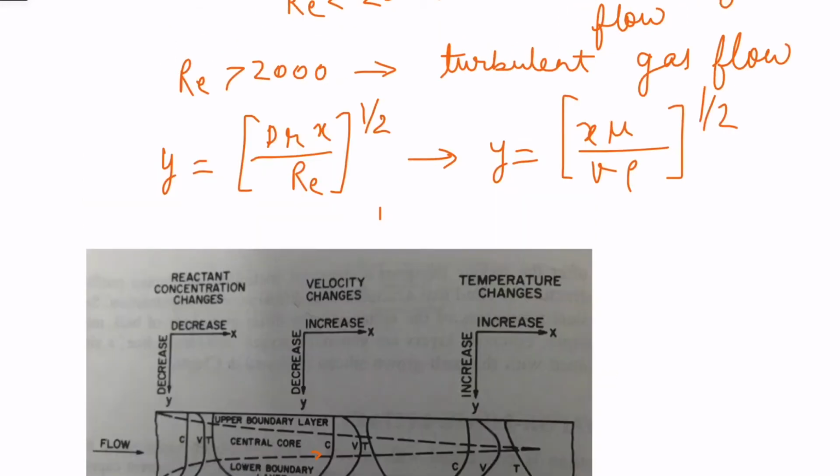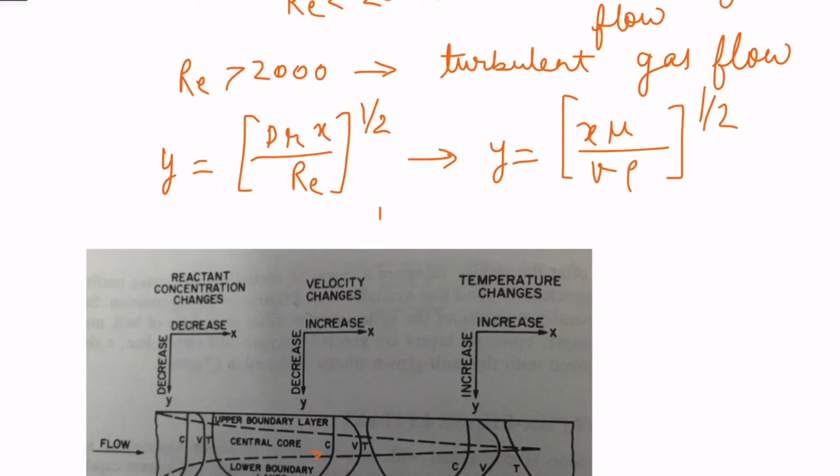The thickness of the boundary layer y is defined by the formula y = (dr x / Re)^(1/2), where Re is the Reynolds number, dr is the diameter of the reaction tube, and x is the distance coordinate inside the reaction tube.